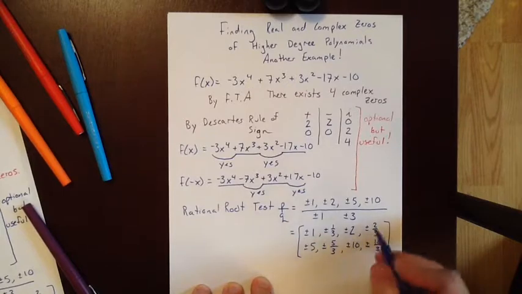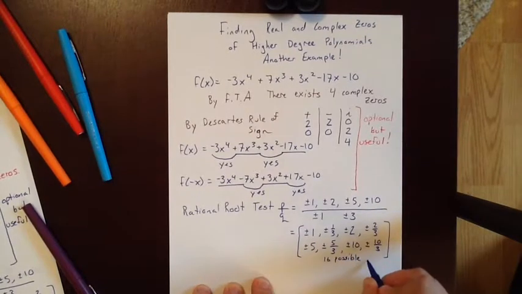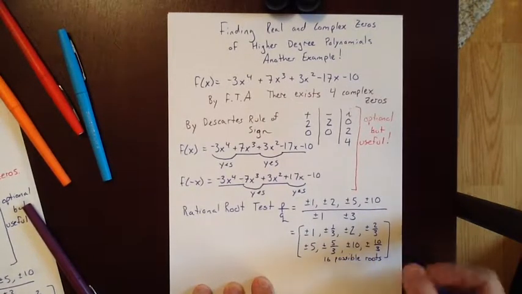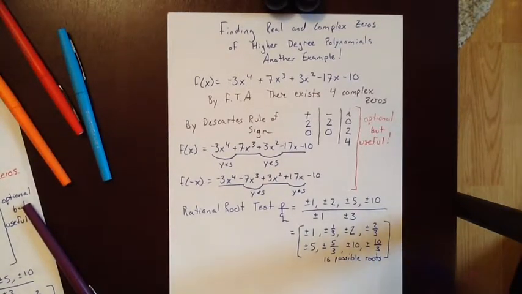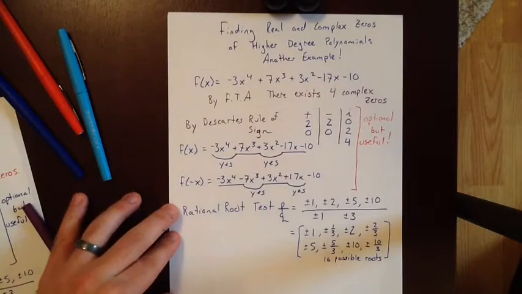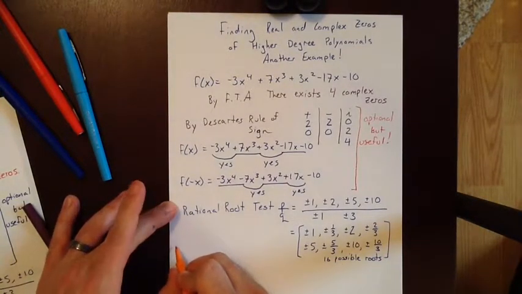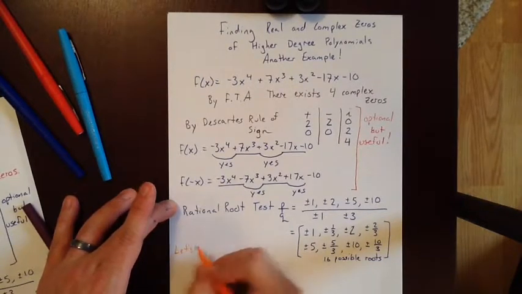So these are the possibilities. There are here 16 possible roots or zeros, whatever term you want to use there. You can use them interchangeably. So 16 possibilities. We always want to test positive 1 first.